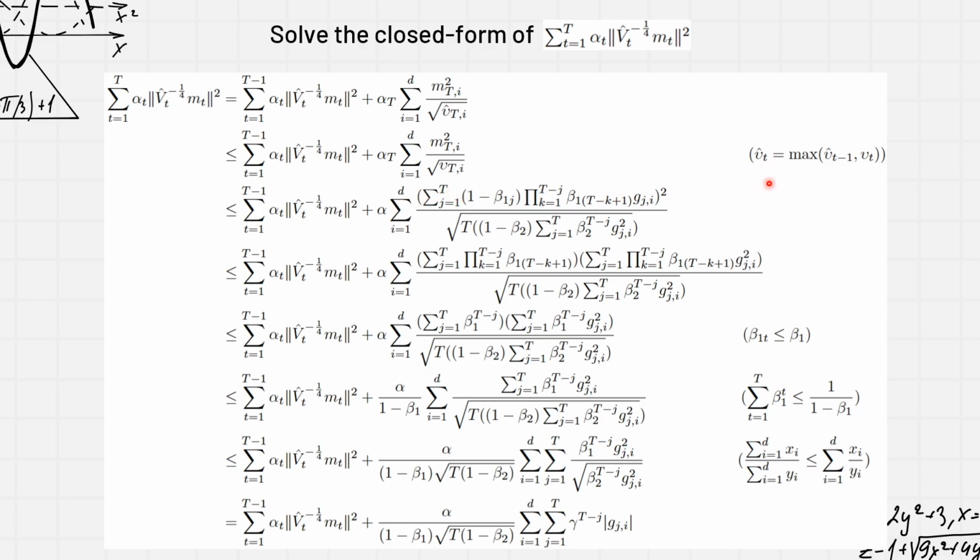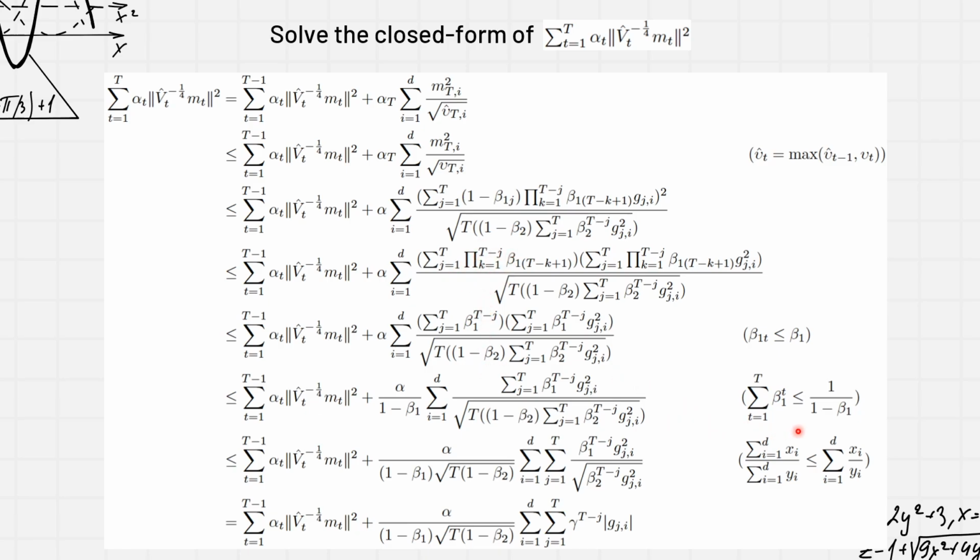Here, since AMSGrad will take the maximum of vt minus 1 and vt each time, and in this place we use the closed form of mt and vt just mentioned in the previous slide. Next, we use the Cauchy-Schwarz inequality on the closed form of mt. And then we use the definition of beta 1t less than or equal to beta 1, and thus we can remove the product here.